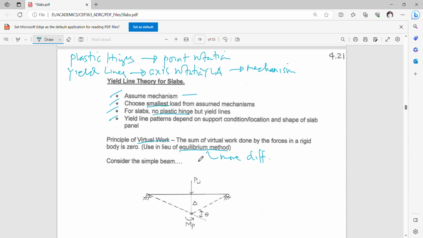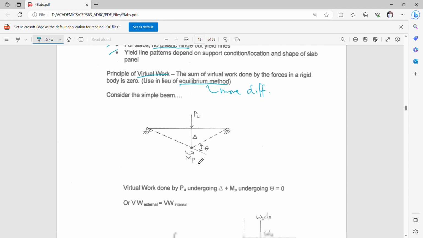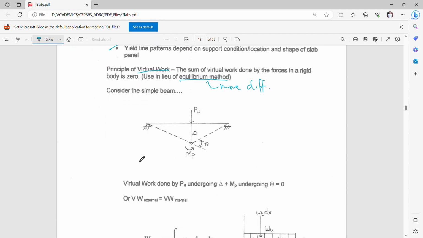Okay, so if we now consider a simple beam, again, this is a prop beam, the prop beam that we have been using at the start of the lecture. We may consider the virtual work in this manner.